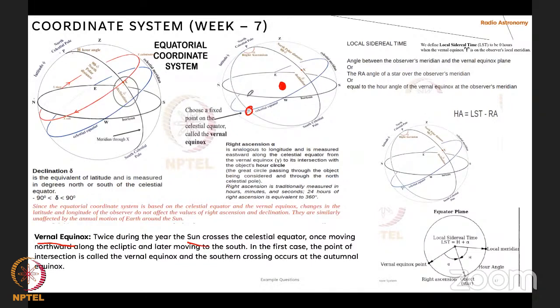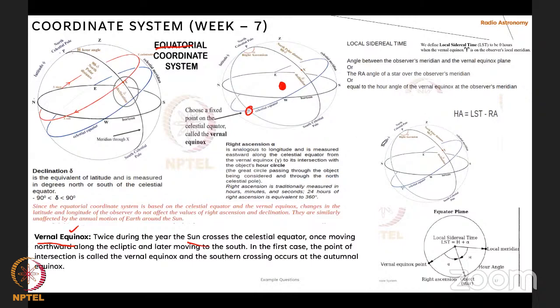It changes with Earth. If Earth is rotating, the longitude and latitude will change for any particular source. So a new coordinate system was invented, the equatorial coordinate system, where the declination corresponds to latitude, and the right ascension is assigned with respect to the vernal equinox.